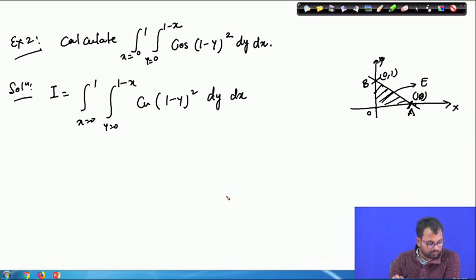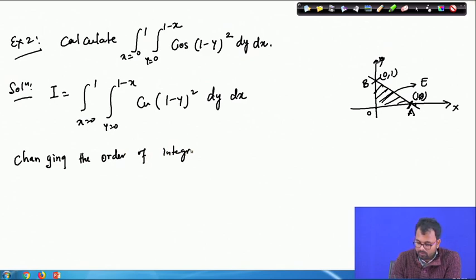So first of all, if we change the order of integration, what will happen? First we write the region of integration.